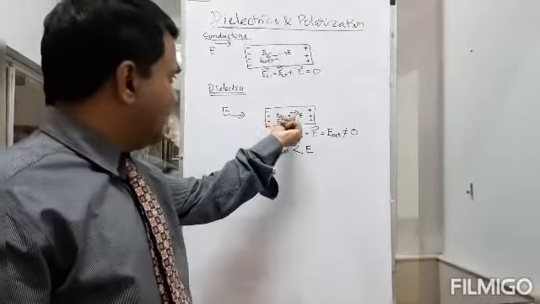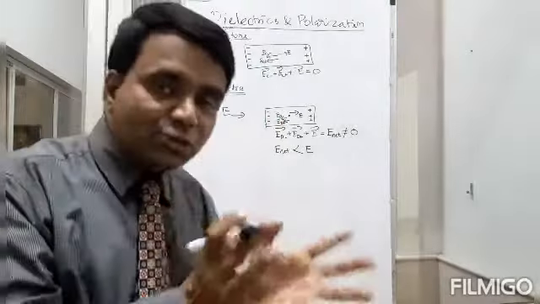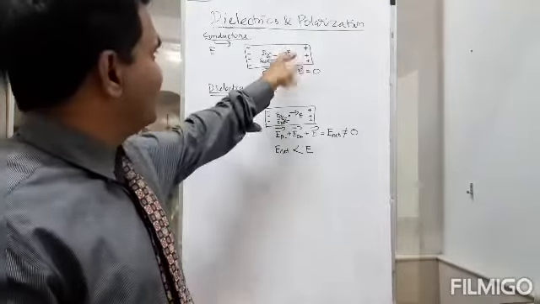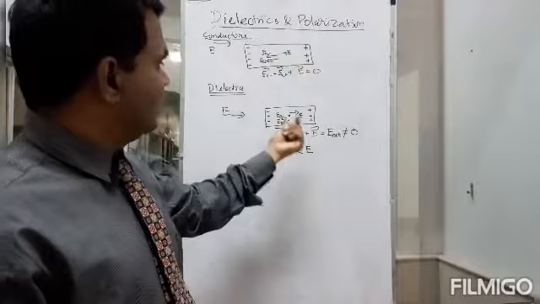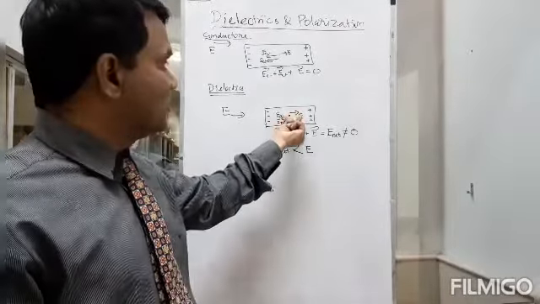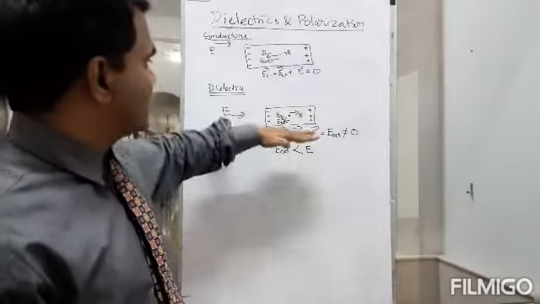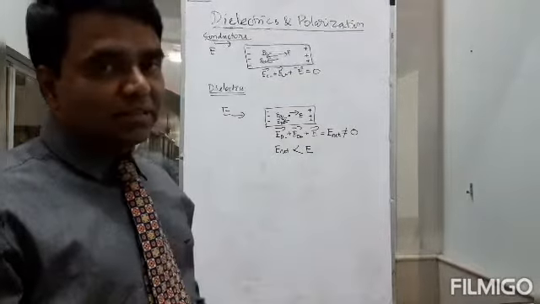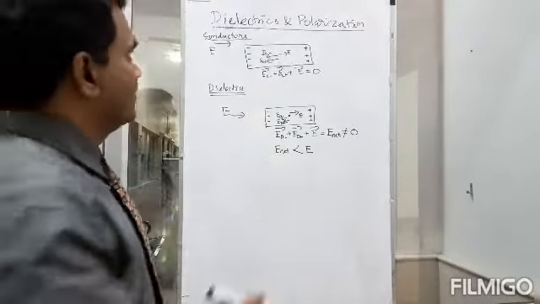So the net field at this point will be a reduced value. Here it's completely cancelled. Here they are not completely cancelled, but the field will be reduced. So this is how the dielectric materials act. Just keep this in mind.